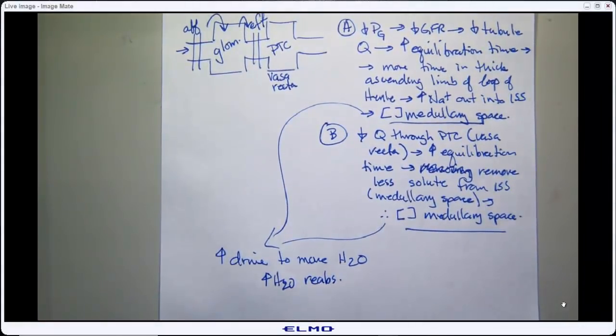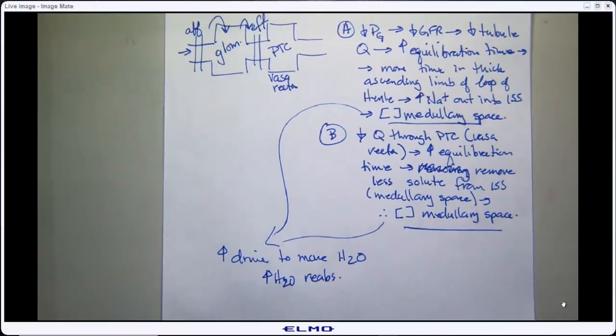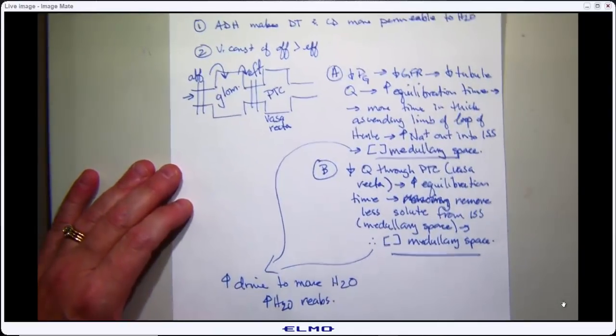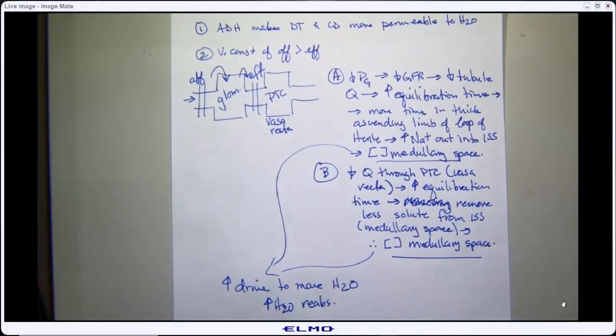The more concentrated it is, now when we make it more permeable, we will move more water, okay? So two mechanisms for ADH to act at the level of the kidney, okay? It makes it more permeable to water, and it changes the osmotic gradient in the medullary space, okay?